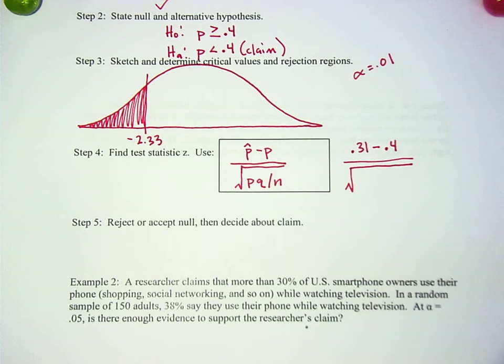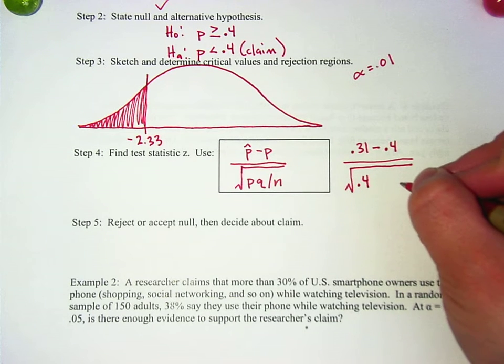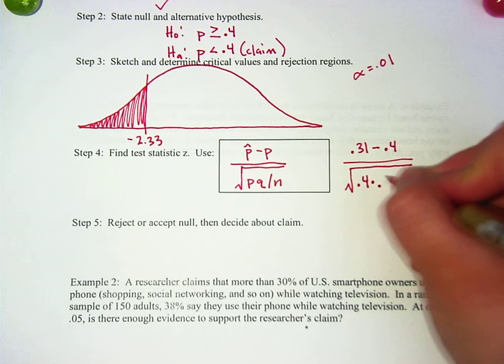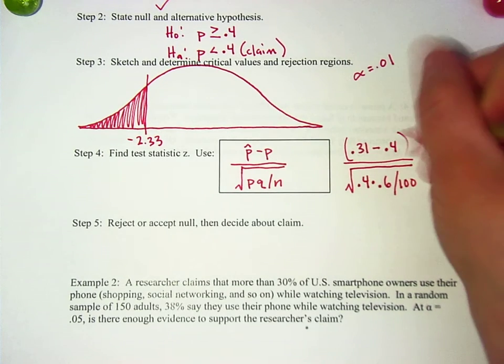Should I put 0.4 or 0.31 as my p? 0.4, because it's not p hat, it's p. Yep. So 0.4, what's q then? 0.6 divided by 100. Make sure you put parentheses around the top.